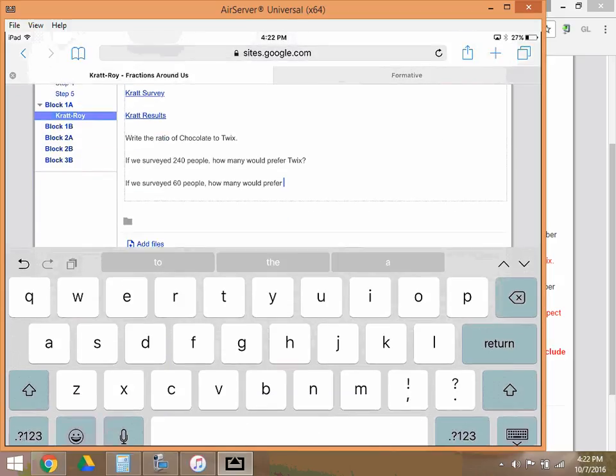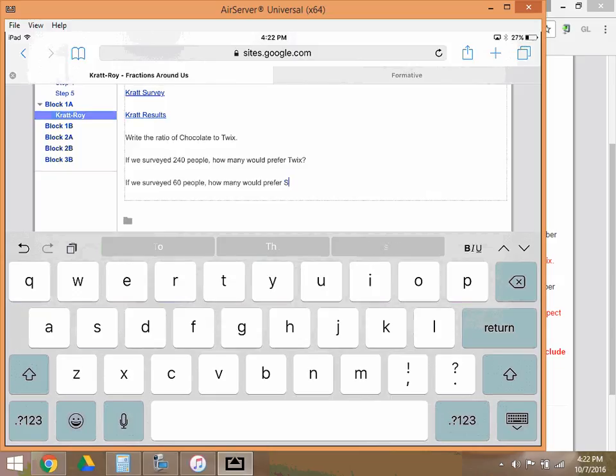So you don't want to have people deal with half of a person. So you want to be very careful in your selection. So here my original survey was 120, so I divided it by 2 and made it 60. But because you have to divide by 2, I went to my form page and tried to find an even number. So Skittles had an even number, so there we go.